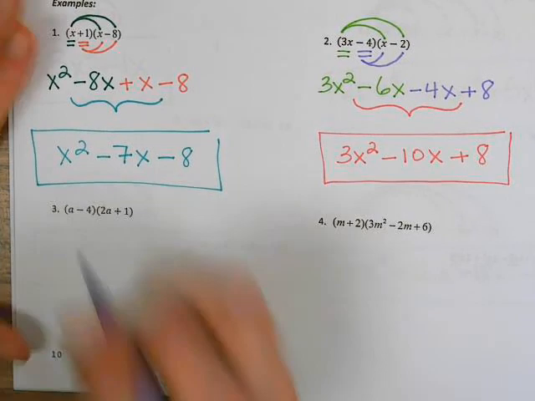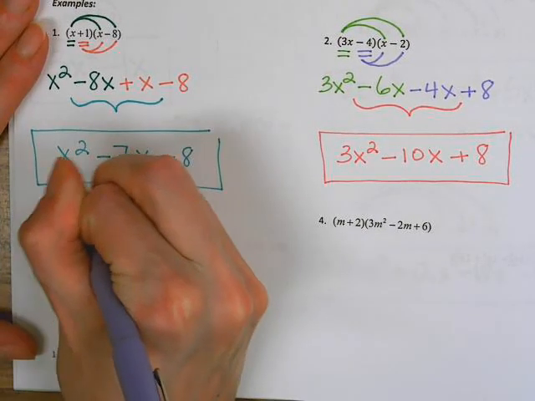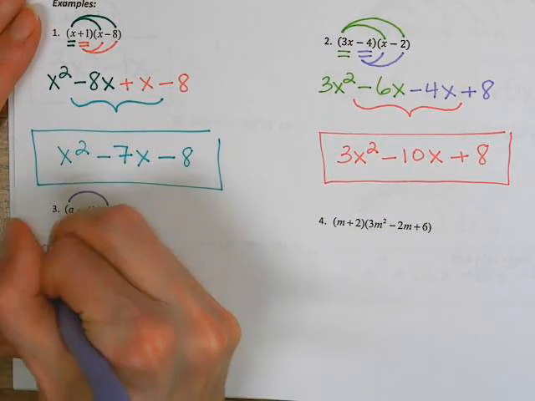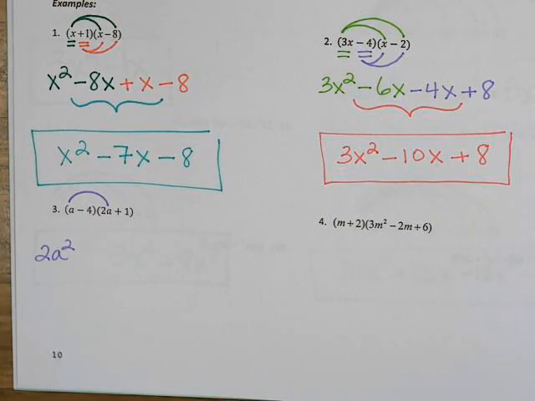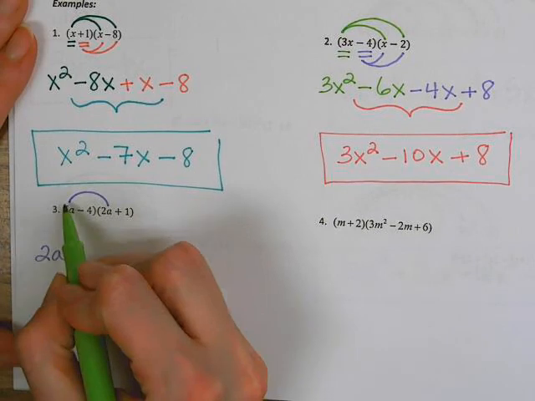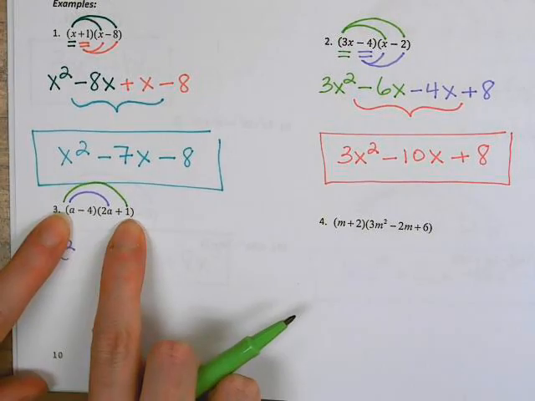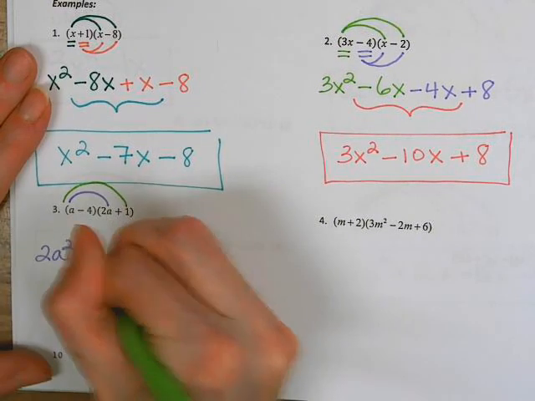So FOIL way says you start by multiplying the first ones in each parenthesis. A times 2a is 2a squared. Then O stands for the outers. These are the outers. A times 1 is plus a.